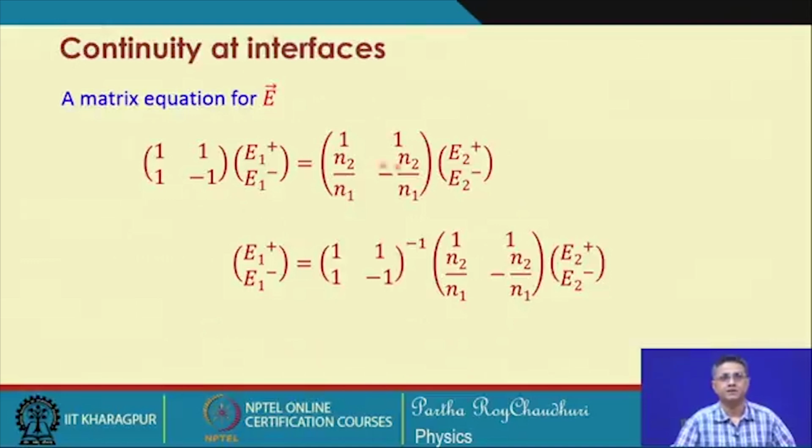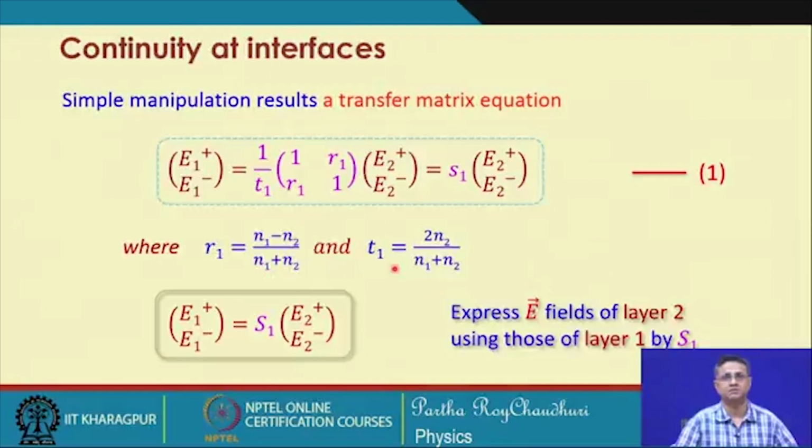Therefore, this matrix equation can be rearranged in this way to represent the electric fields of the first layer in terms of the second layer. If we put together these two matrices, then E1 plus, E1 minus is equal to this coefficient matrix into the electric fields of the second layer.